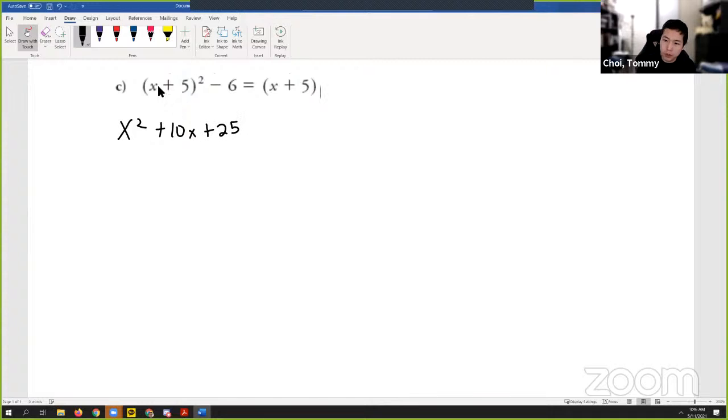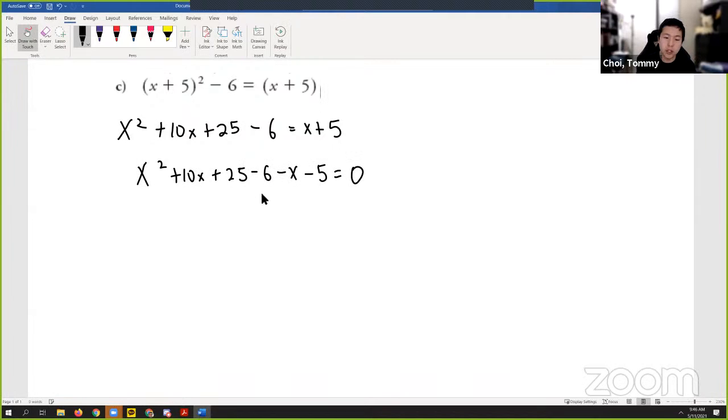If you followed the perfect square trinomial expansion, that's fine, that works out. You should end up here. Minus 6 is equal to x plus 5. Moving everything over to the left gives us this, right? Minus x minus 5, and we saw that minus 6 there.